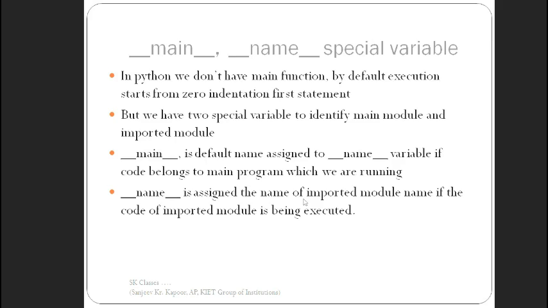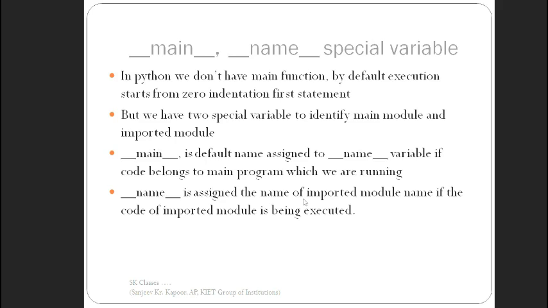If we see the C programming language, we used to start the coding from main, but in the case of Python we don't have that main function. Whenever we start execution of a Python program, the very first statement at the zero indentation level is executed.